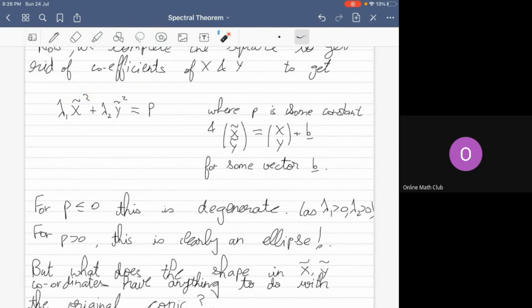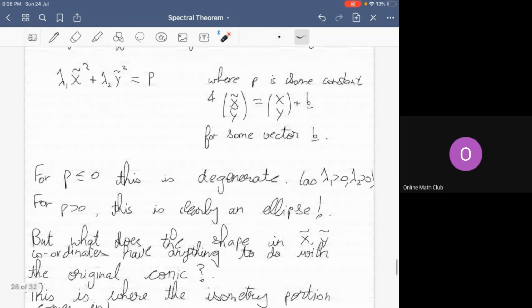And now notice that since lambda 1, lambda 2 were both positive, if p is less than or equal to 0, then this is degenerate, because if p is less than 0, then we get a contradiction, because a sum of squares is always positive. And if p is 0, then the only solution is X tilde and Y tilde are 0, which also we don't want.